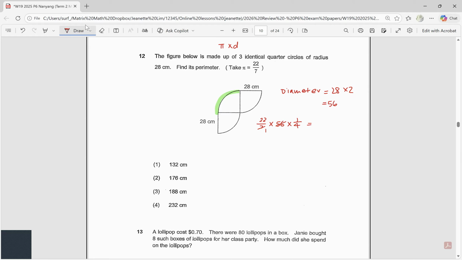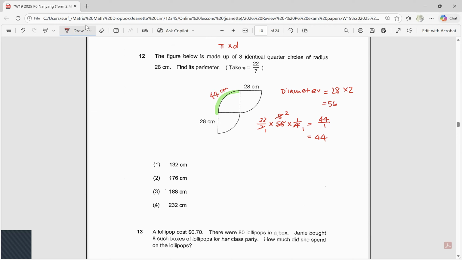Divide by 7, you get 8. Now 8 and 4. 8 can divide by 4 to get 2. 4 divided by 4. So now multiplying the numerator across, you get 44. And denominator is just 1, right? So this is 44.